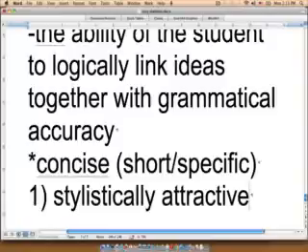I remember when I was in Dubai, I had students who told me that when you write Arabic, you are expected to write long and elaborate poetic phrases to deliver your point, and that this is considered stylistically attractive. But in English, it's different. If you're more to the point and you can say a lot without an excessive number of words, this is thought to be highly effective writing. So being concise is stylistically attractive in English.